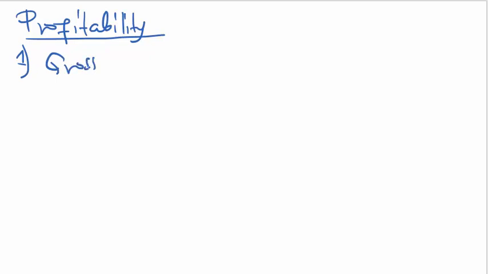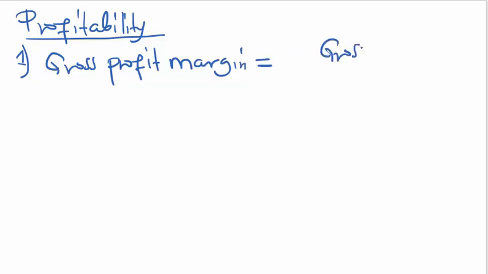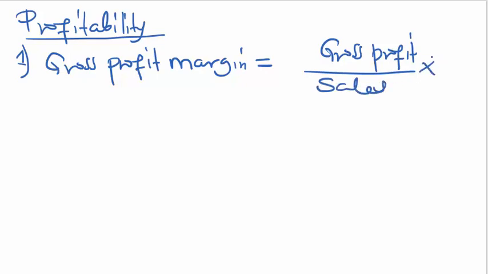The most common one, the easiest first one, is the gross profit margin, and this is calculated as a percentage, so it's gross profit over sales multiplied by 100%. And everywhere you see margin, think of sales.